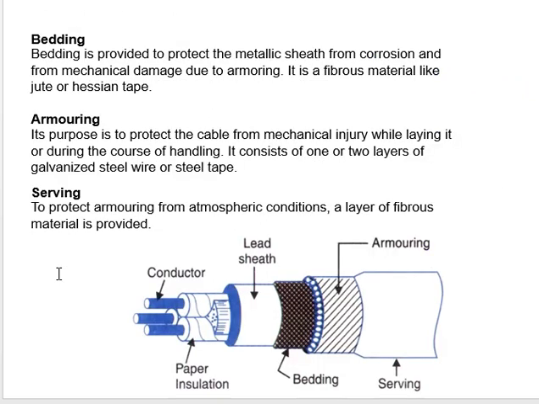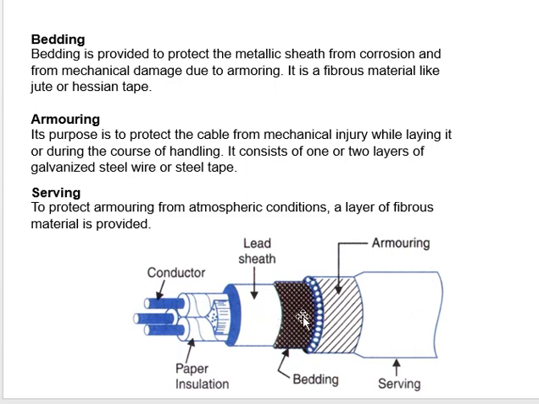Next, beading. This is the actual underground cable. The last portion that you see on the cable, black or bluish in color, is the serving, which is made from PVC material. First, let us see what beading is. Beading is provided from jute or hessian tape, because this lead sheet is a metal part and the armoring is also a metal part.